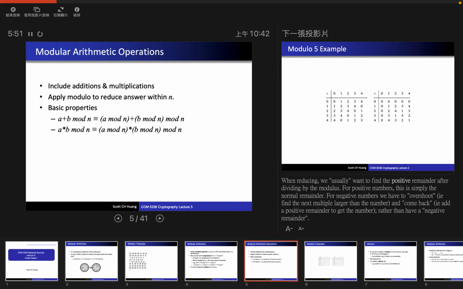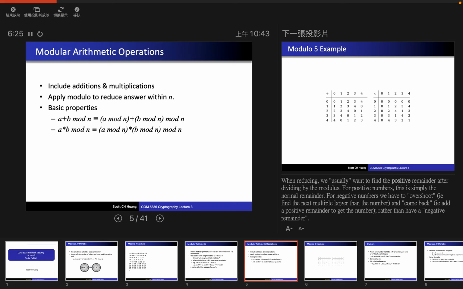According to these rules, we do have this relationship. You do a plus b, which is ordinary integer addition, and after the addition is completed, we do mod. It's going to be the same as you do mod first, then addition, and then mod again. For addition, this is no big surprise.